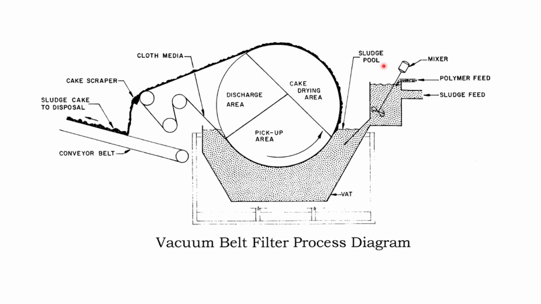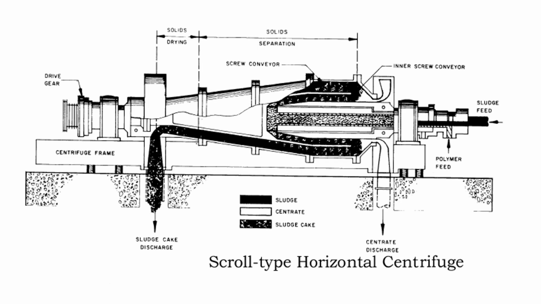Okay, so that's what's going on there. You can also have a mixer for your sludge pool here, as well as polymer feed, and then sludge feed comes in here. Okay, that's a vacuum belt filter process. There's also just a regular belt filter. Okay, let me go to the next slide here.